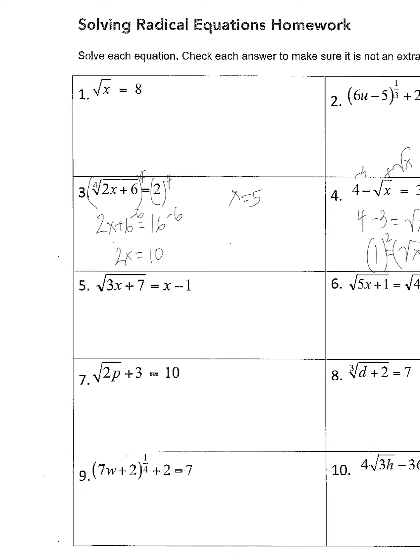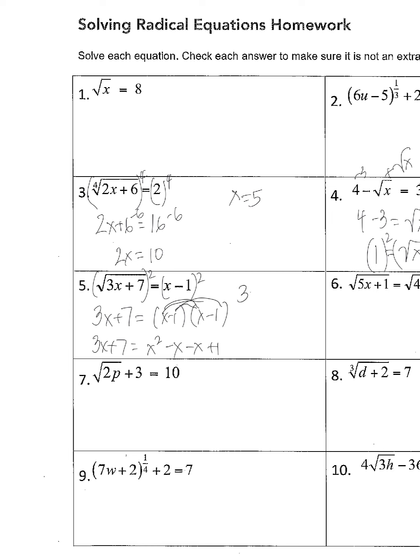So now this one, when we do this one, we have to do a little bit more math. So we'll square both sides. And we get 3x plus 7 equals, now we have to do first, outer, inner, last. So x minus 1 times x minus 1, we get x squared minus x, well, this one would be minus x, and then plus 1.